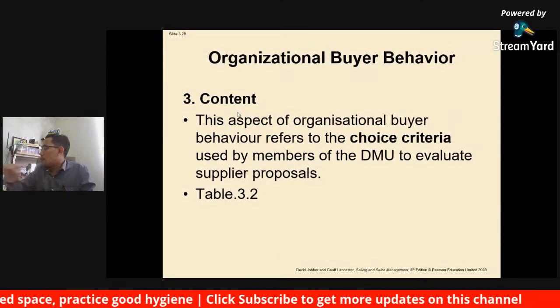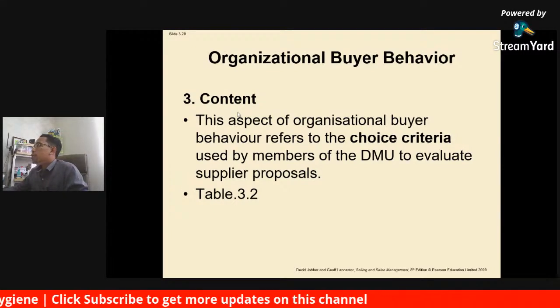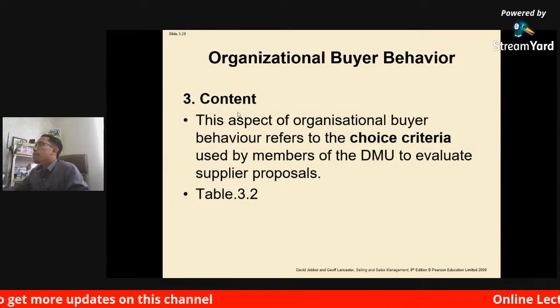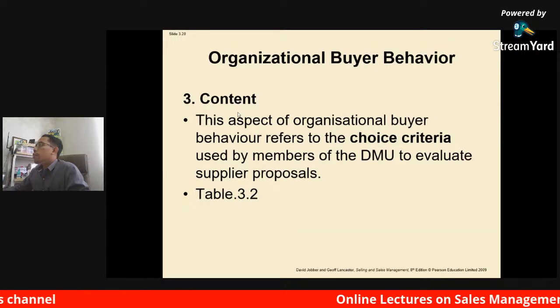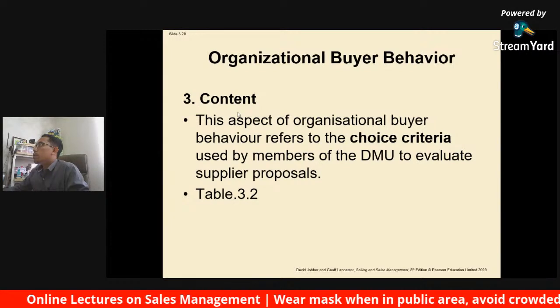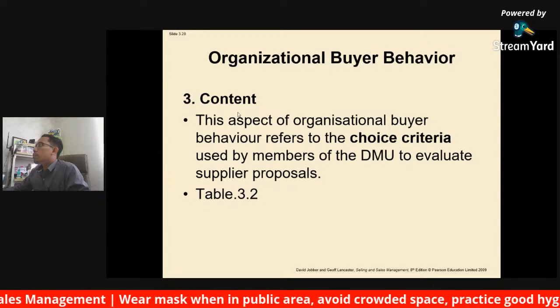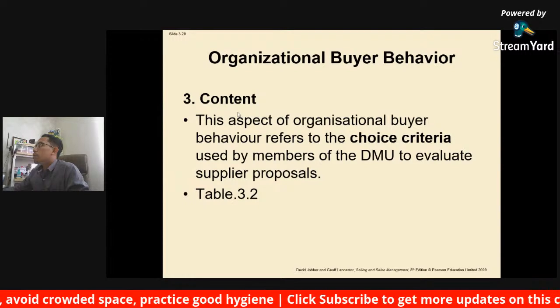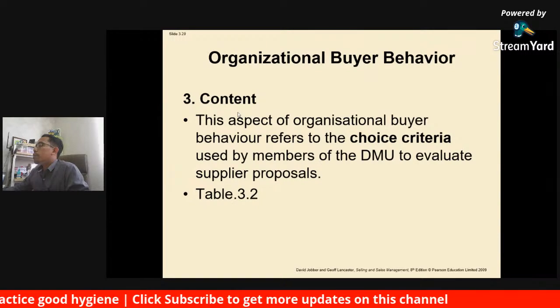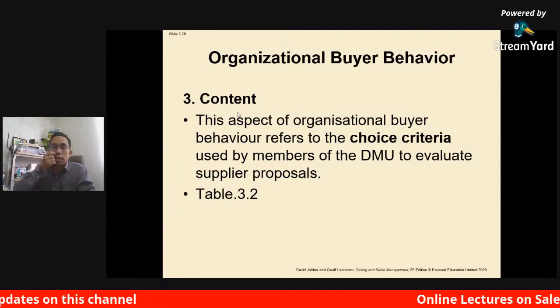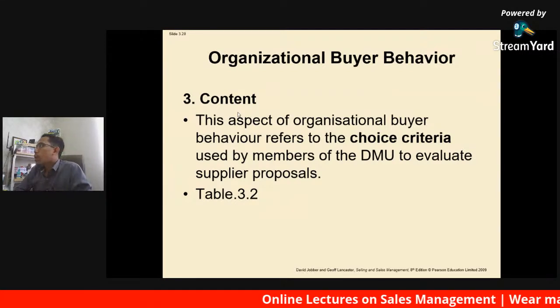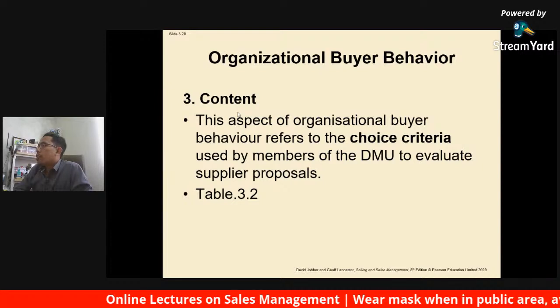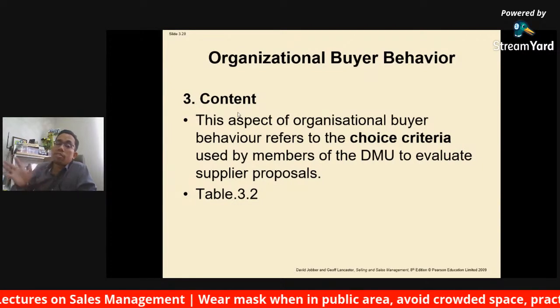You can check on table 4.2. The choice criteria: the price, the delivery, the productivity, life cycle cost, and so many more.